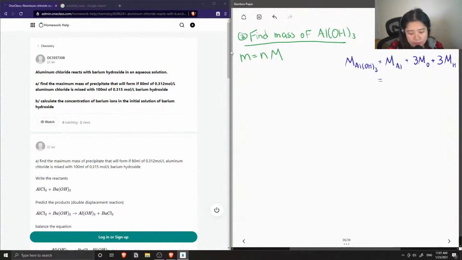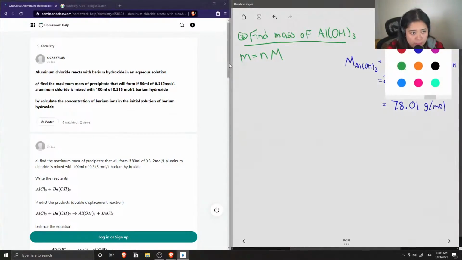So if we look up all these values on the periodic table, the molar mass of aluminum is 26.98 grams per mole. The molar mass of oxygen is around 16 grams per mole, and the molar mass of hydrogen is 1.01 grams per mole. So if we add these all up, we get a molar mass of 78.01 grams per mole.